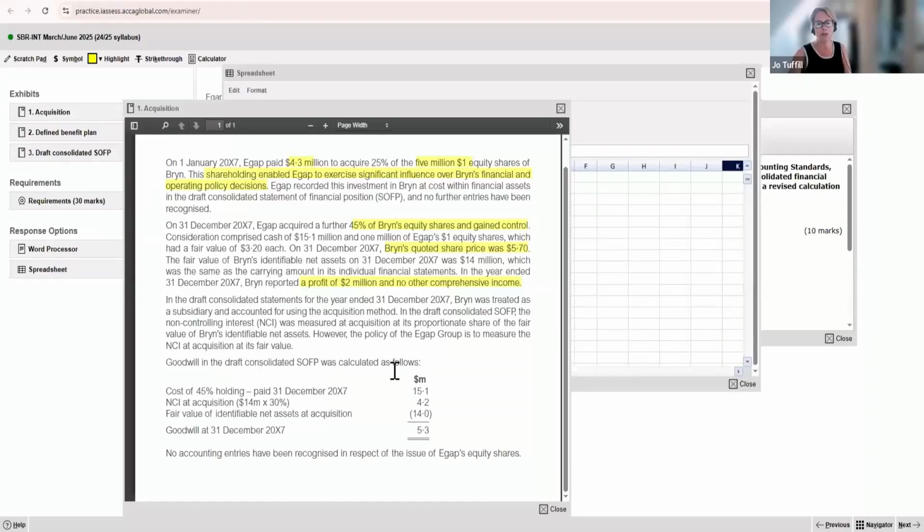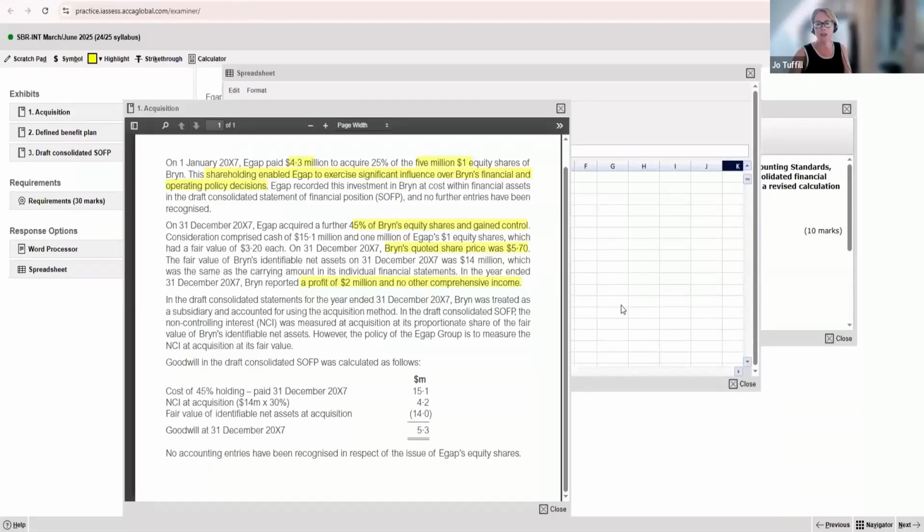And goodwill in the draft consolidated was calculated as follows. No accounting entries have been recognised in respect of the equity shares. So we haven't put these equity shares into consideration, but we have put the cash. We haven't put the fair value of the previous holding into consideration, and we haven't calculated NCI correctly.